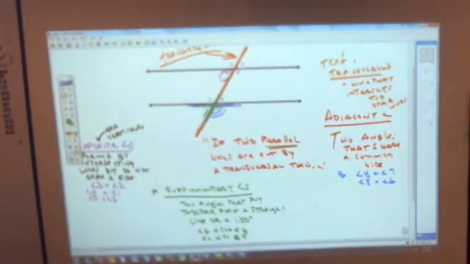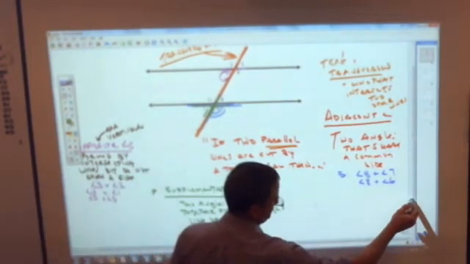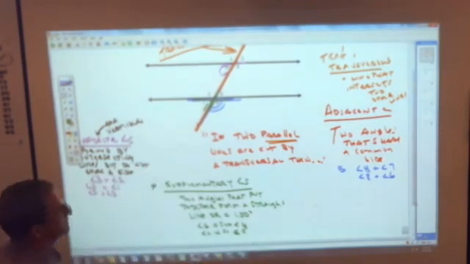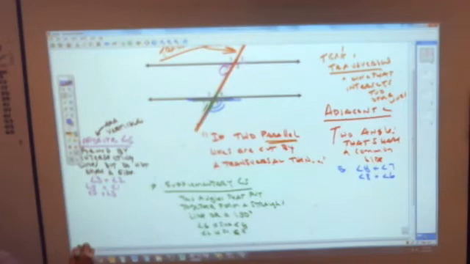Now guess what? We have what's called corresponding angles. Running out of space here. We did this, didn't we? Yes.